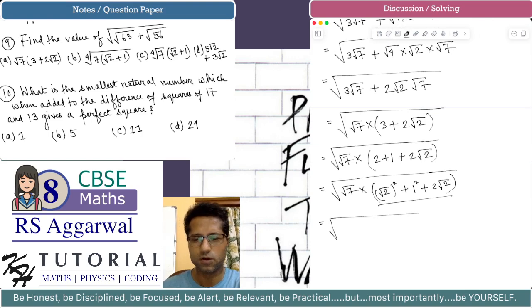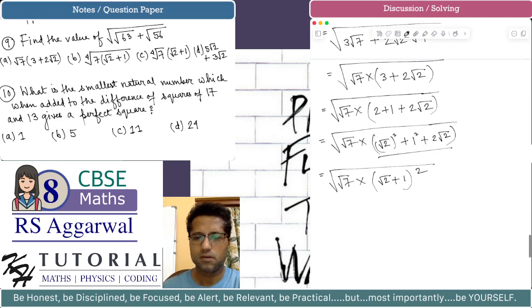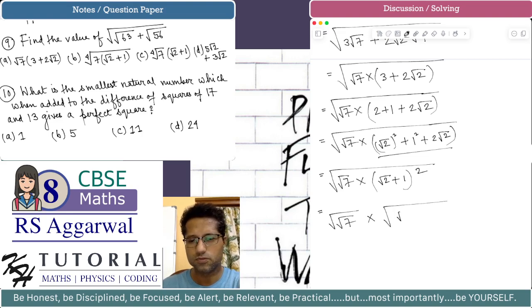So we have square root of 7 multiplied by square root of 2 plus 1 whole square.